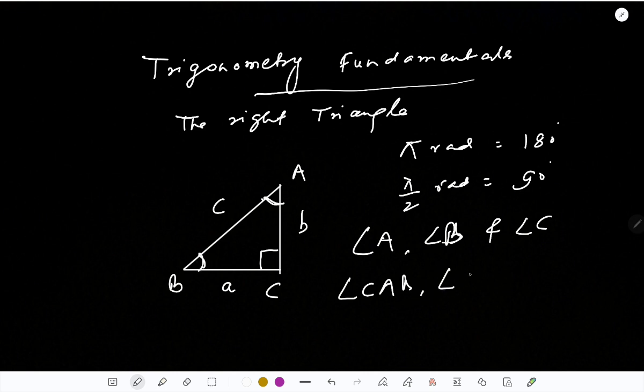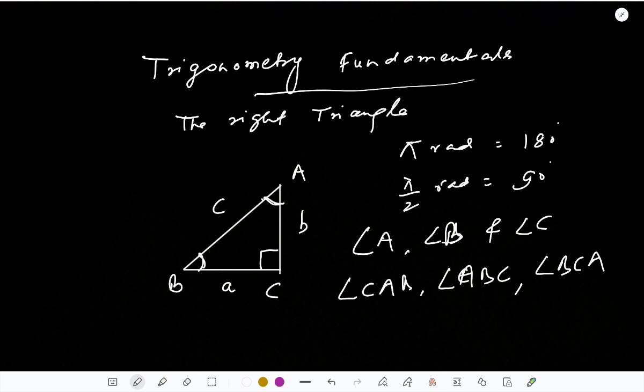I would like to write angle ABC as angle B, and angle C is angle BCA, and like this. So these are a few conventions I will be using.